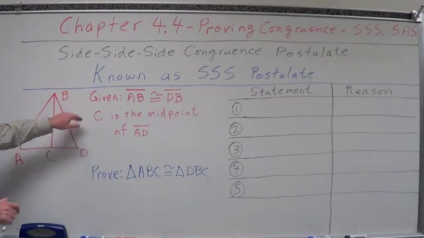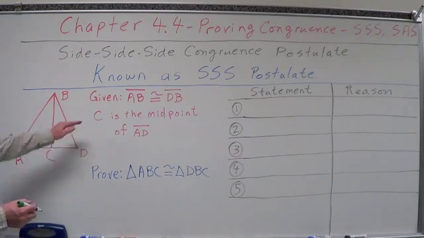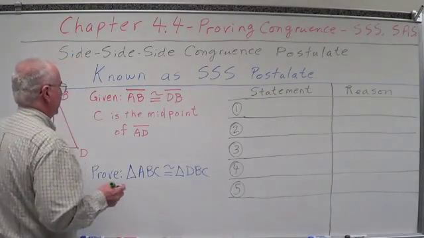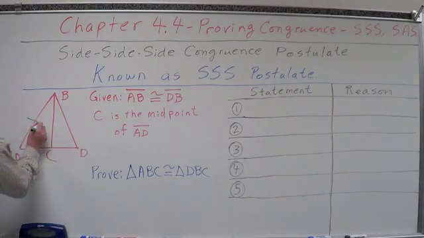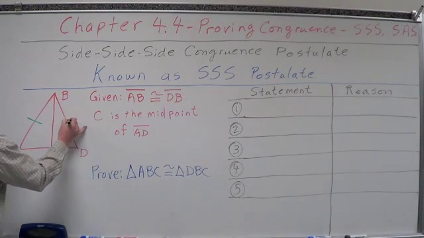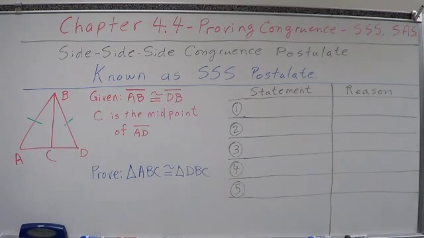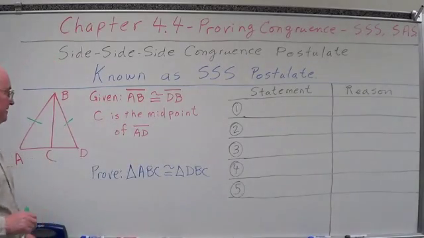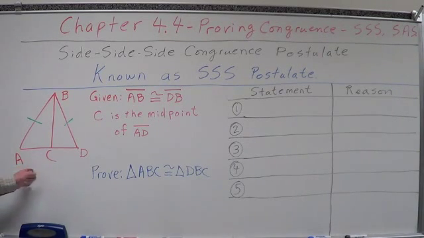We're given, and let's mark this up, that AB is congruent to DB. And then we're also told that C is the midpoint of AD. Well, what in the world does that mean to us? If a point is the midpoint of a segment, then it bisects that segment.